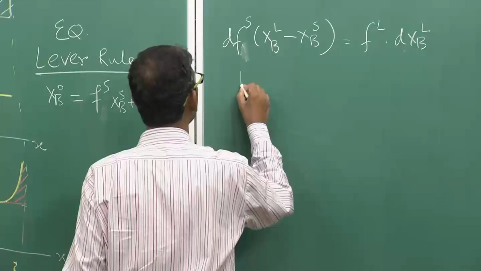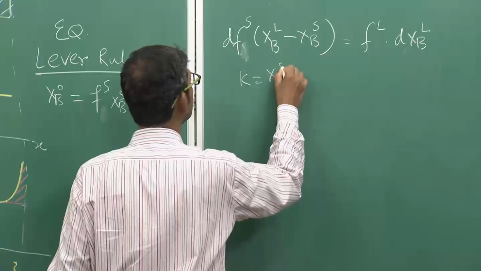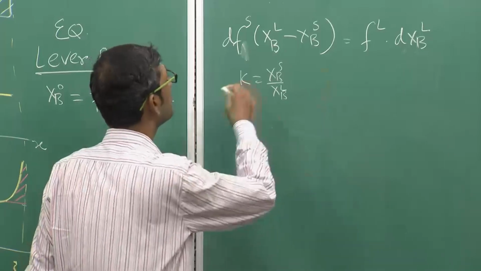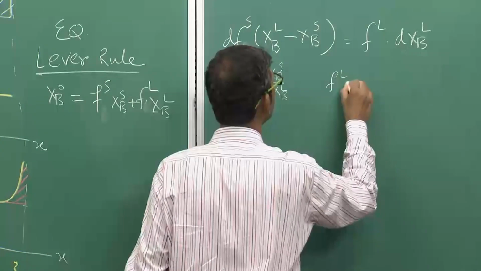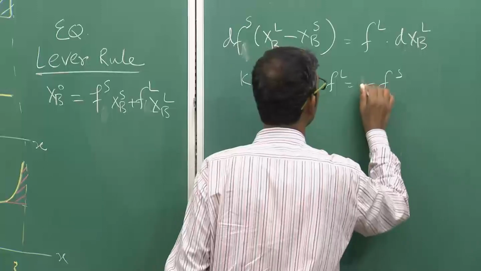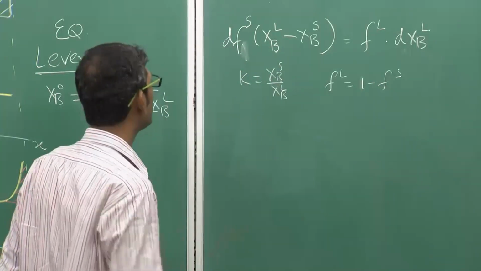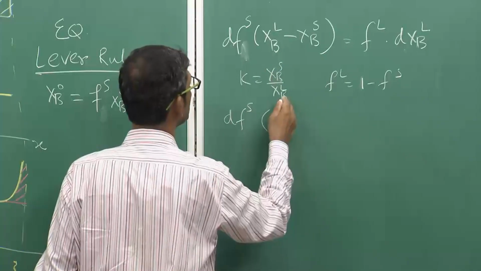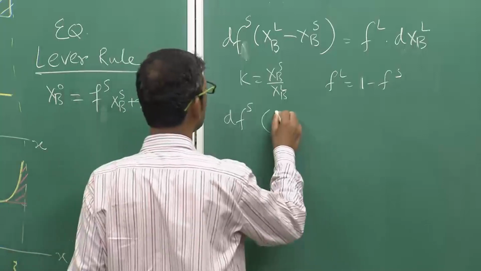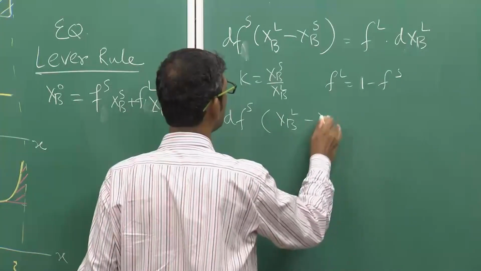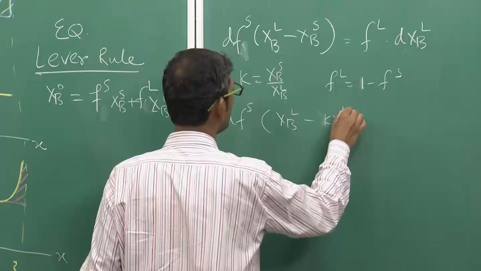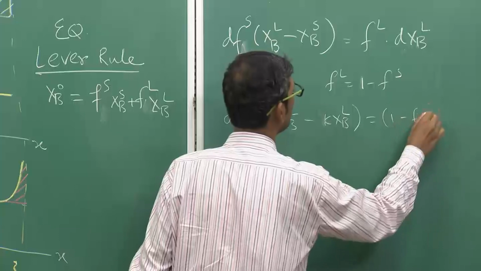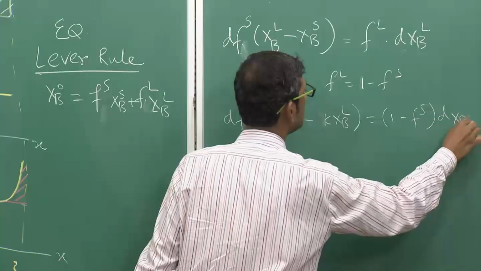Now we know that k is equal to xps divided by xpl. This is the partition coefficient, right? So we can modify this, and we also know that fl is equal to 1 minus fs. So let us make the change over dfs: xpl minus k xpl, with xps equal to k xpl, equals 1 minus fs into dxpl.